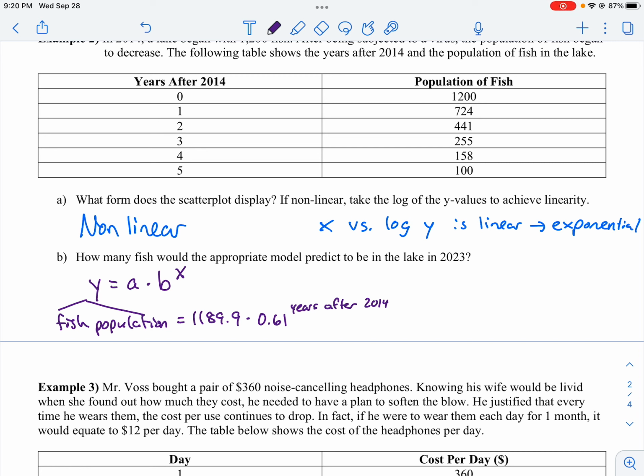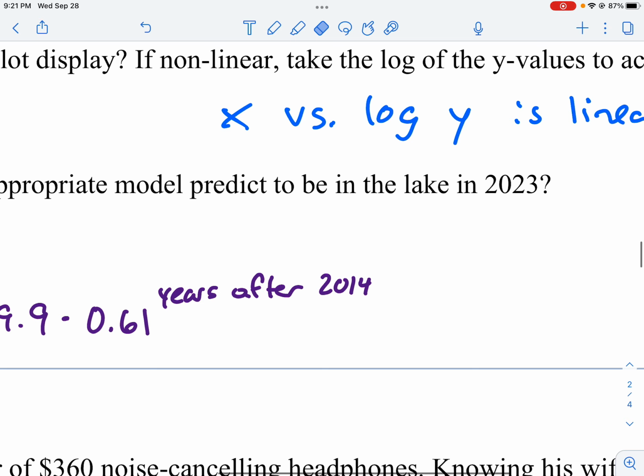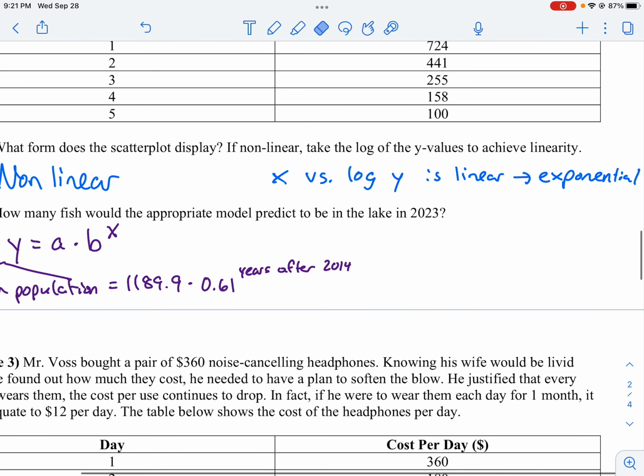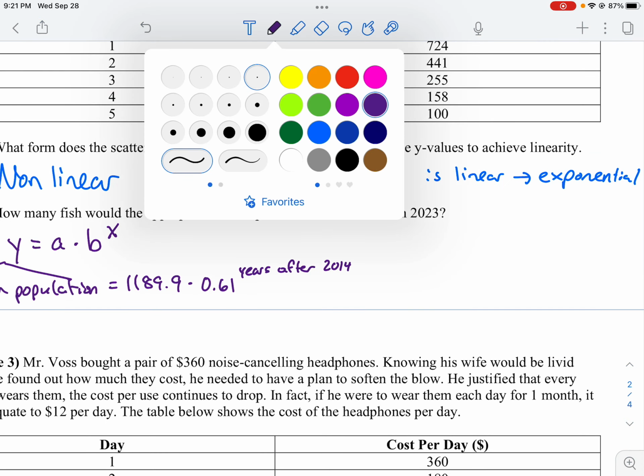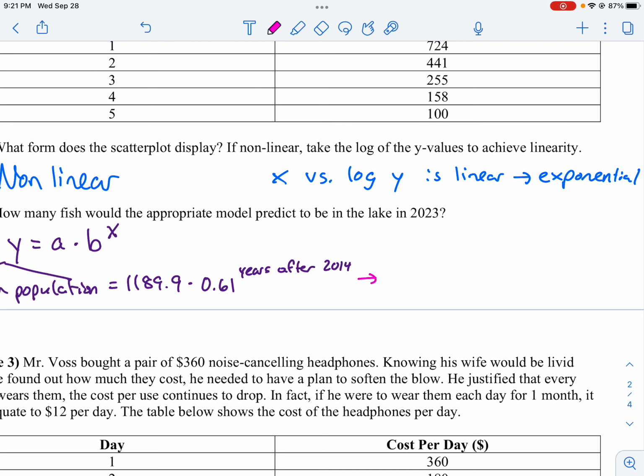Now that we have that, it still didn't answer the question. How many fish would the model predict? So, a common error is that students will take that 2023 and plug it in here. Okay, remember that x is the years after 2014. Therefore, 2023 is going to be 9 years after.